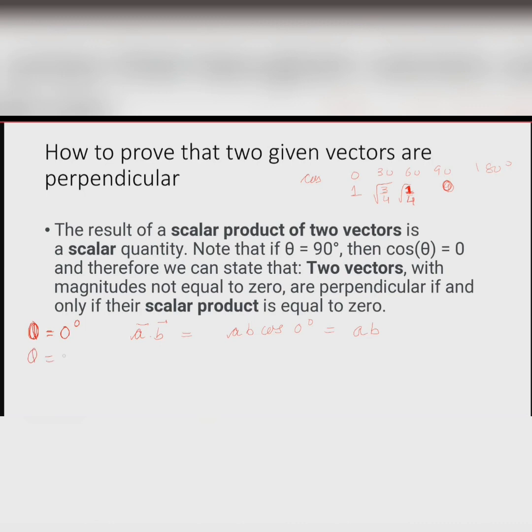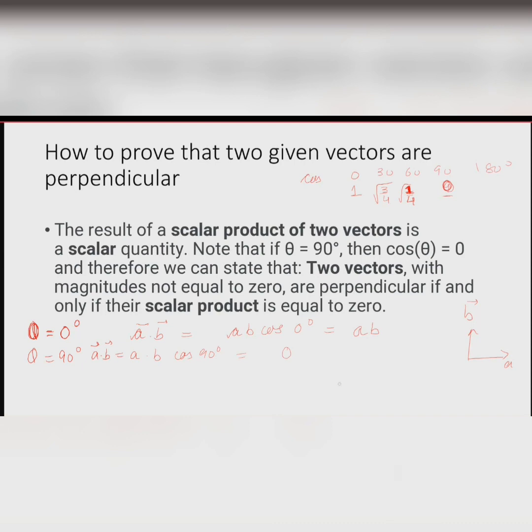If I take theta as 90 degrees, if the angle between two vectors is like this, A and this is B, in that case A dot B becomes AB cos 90 degrees. Cos 90 degrees is 0. So I get 0.